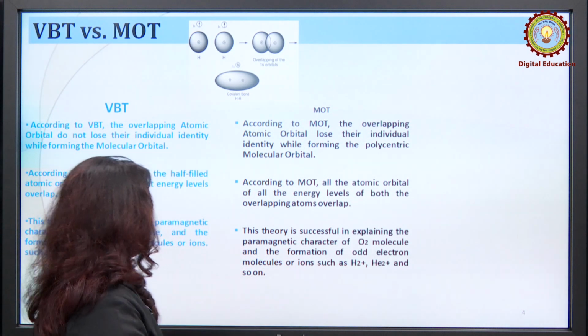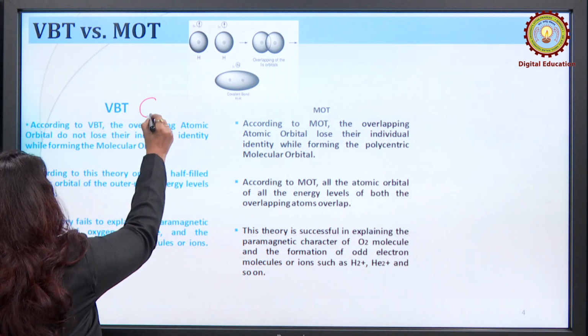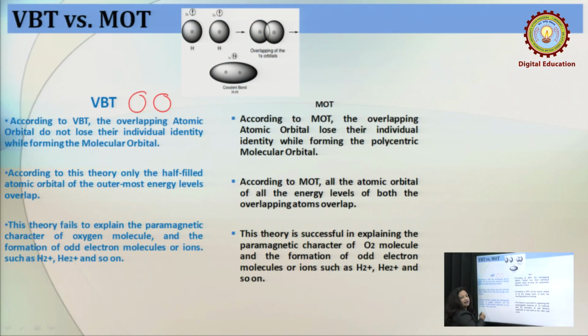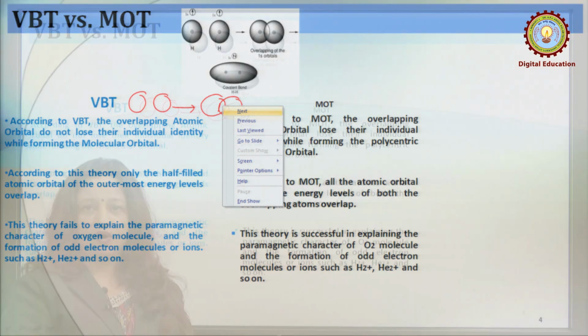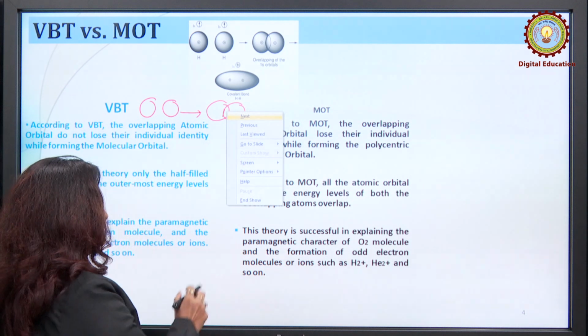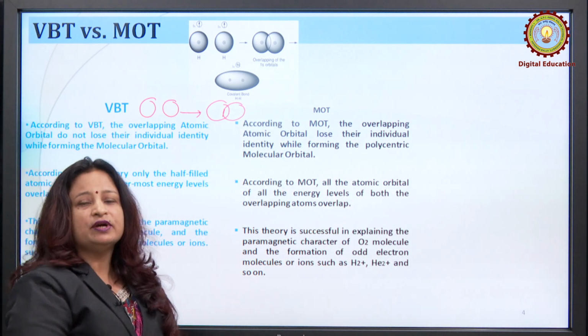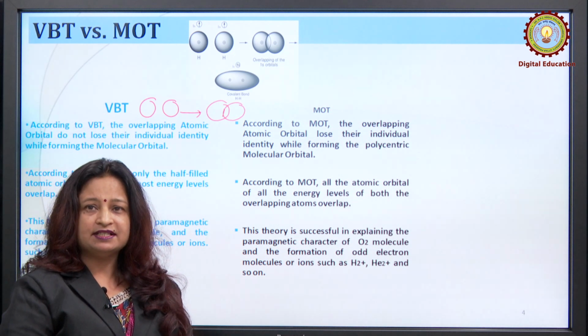For example, if there are two atomic orbitals A and B, and they enter into the process of overlapping, and if each atomic orbital contains one electron, then both the electrons pair up and remain in this shared region. In that way, these two atomic orbitals retain their individual identity.